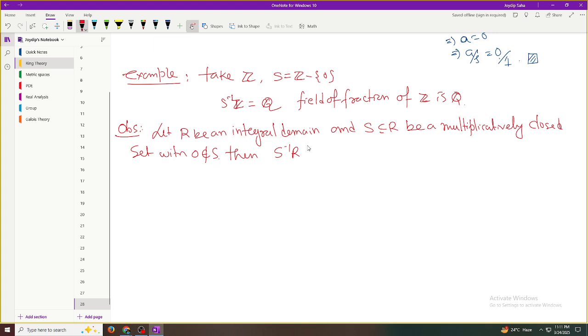Then S inverse R is also an integral domain.